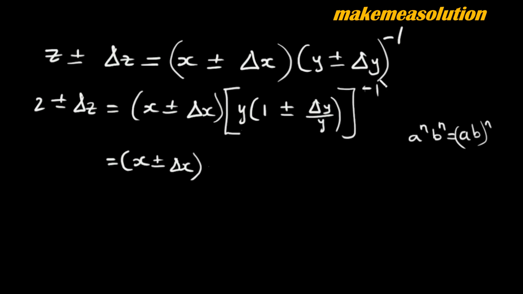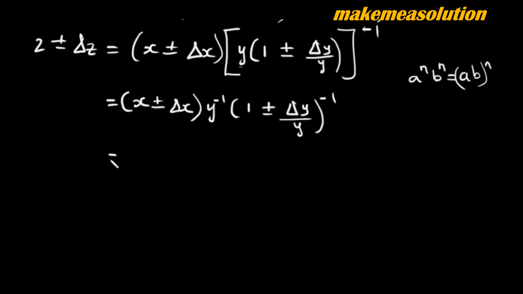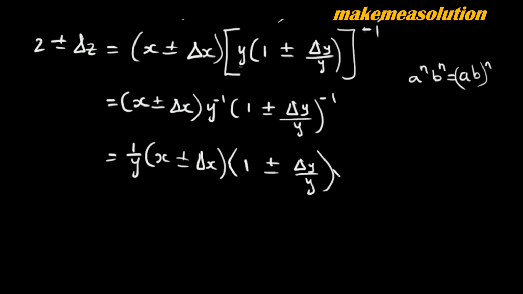So that means this power can be distributed to these two terms. So I have y to the power of minus 1 and 1 plus minus delta y over y to the power of minus 1, like this. So of course, how can I interpret this term relative to this term? It's still the same thing as saying 1 over y of x plus minus delta x, then 1 plus or minus delta y over y to the power of minus 1.